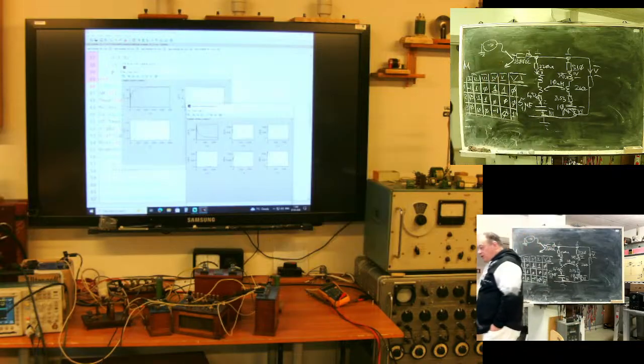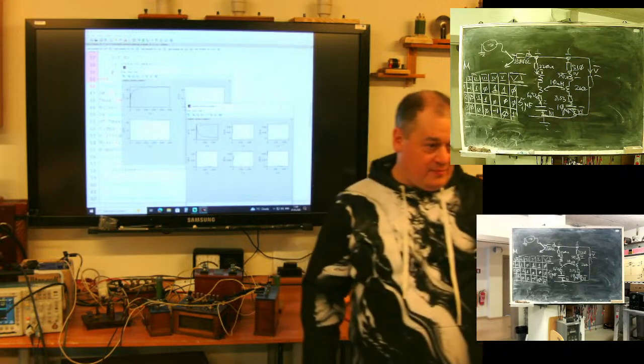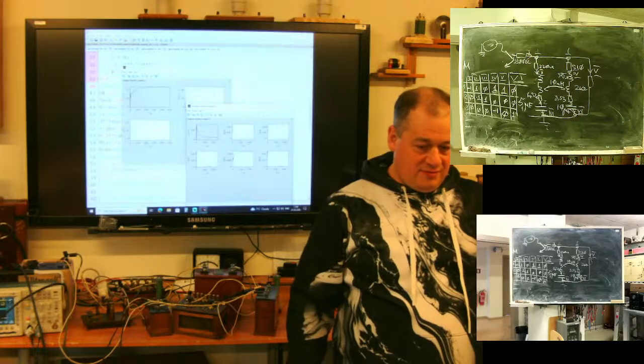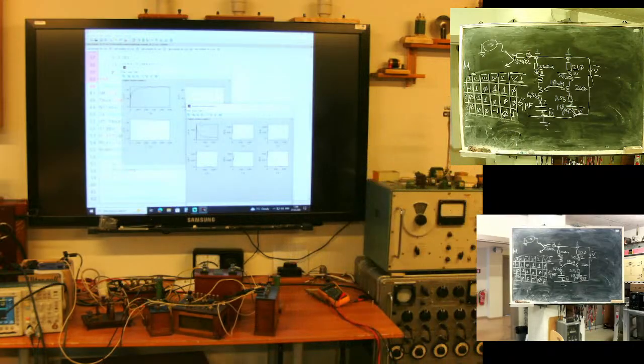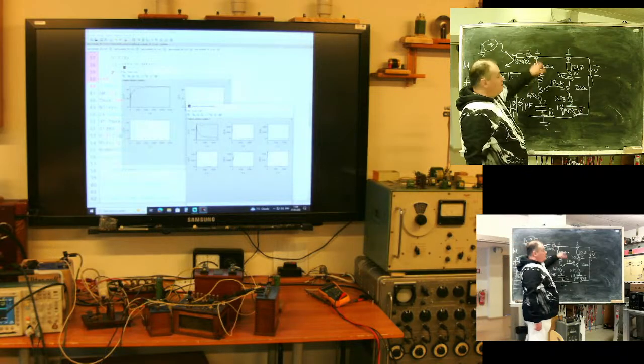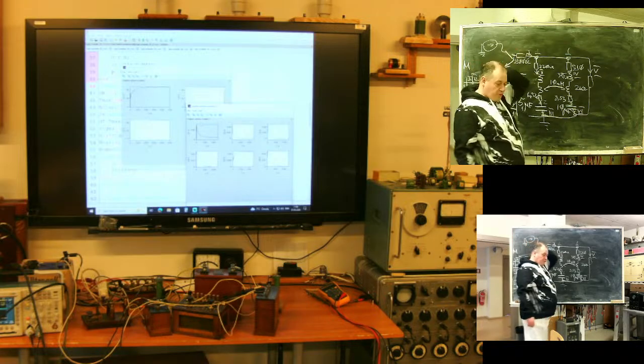What will be the voltage? Voltage at node 1, in infinite time. Switch is closed for infinite time.